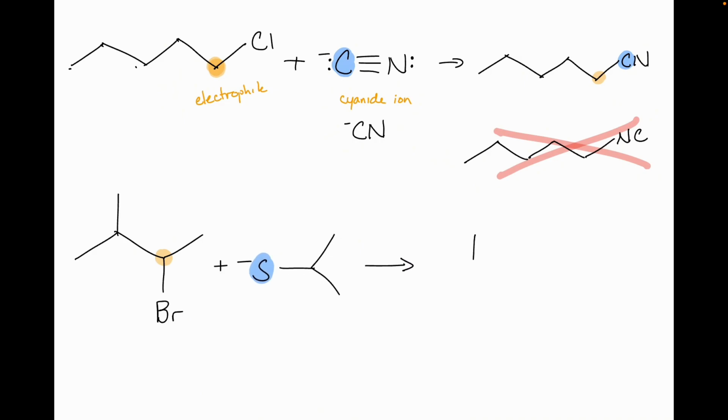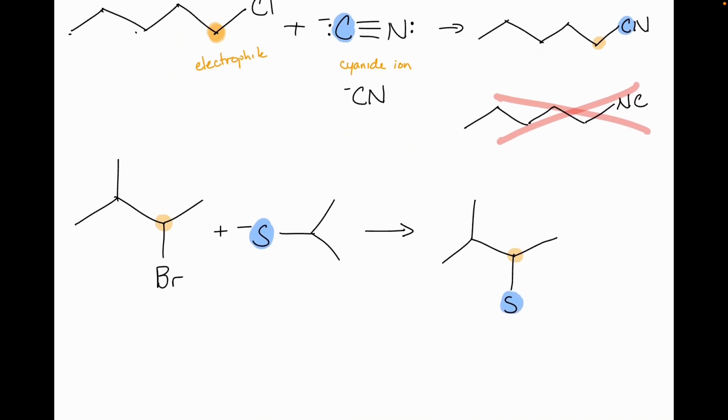So I'm going to draw my original molecule. This would have been that electrophilic carbon. So now I'm going to put in that new bond between my electrophile and that negatively charged atom in my nucleophile. And then I'm going to make sure to include those 3 carbons that were attached.